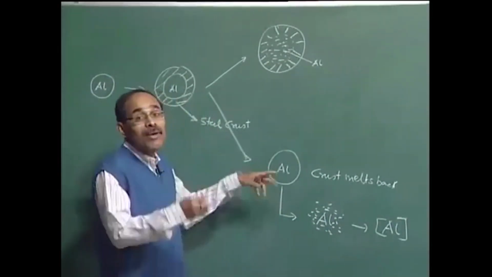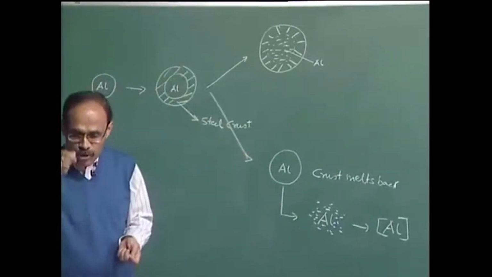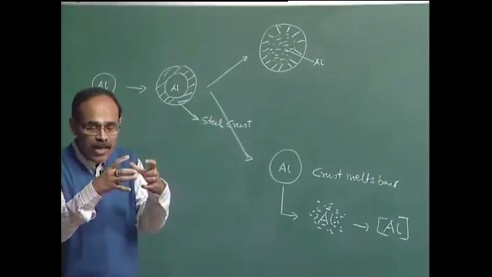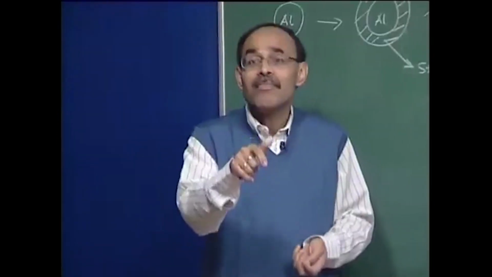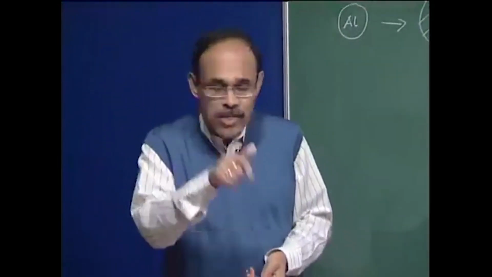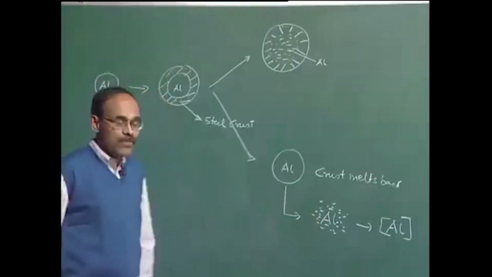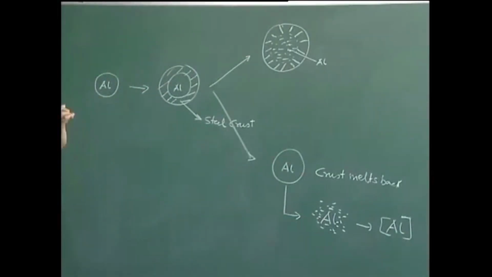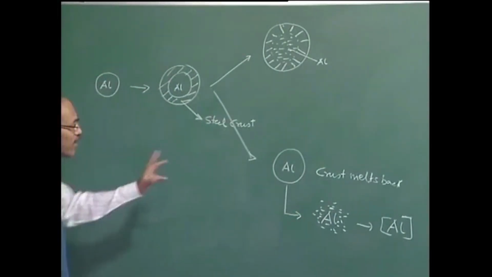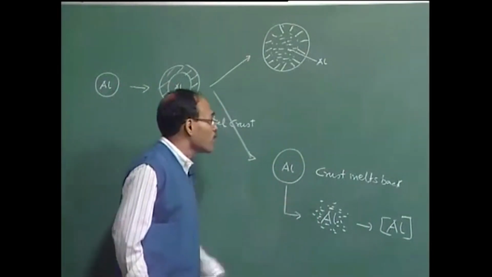Ferroniobium will dissolve in steel. For example, if you add sugar to a cup of tea, the sugar does not melt in tea, the sugar dissolves in tea. Dissolution is a mass transport step, melting is a heat transfer step.